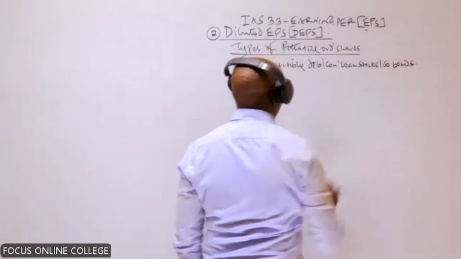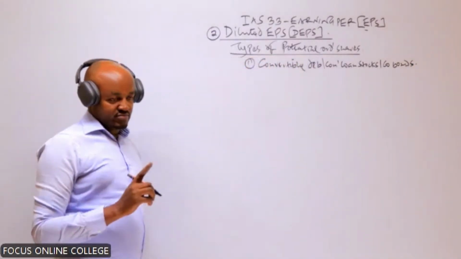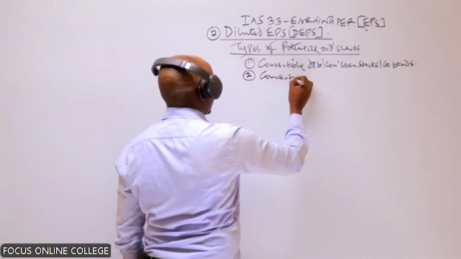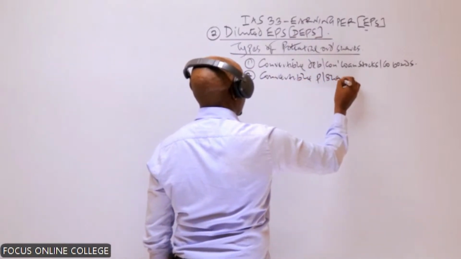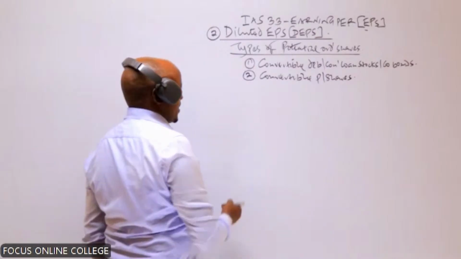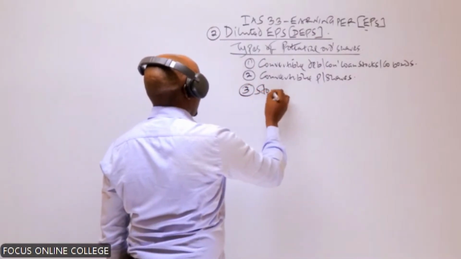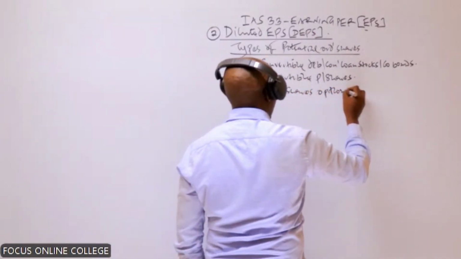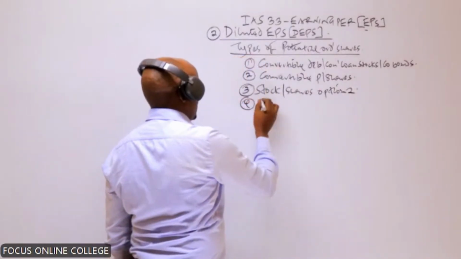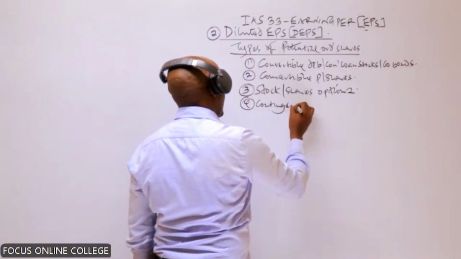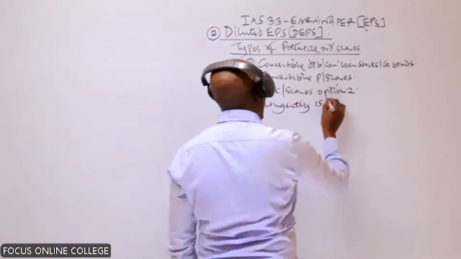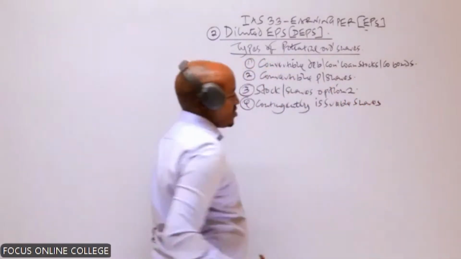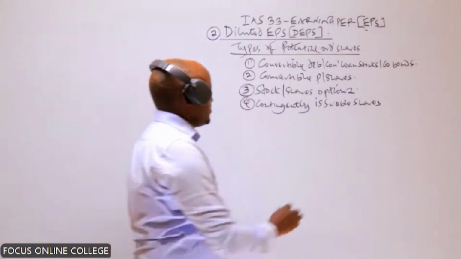So all these are treated in the same way in the computation of diluted earnings per share. Number two, we also have the convertible preference shares. Number three, we have the stock or share options. And number four, we have the contingently issuable shares. Contingently issuable shares. I'll explain what we mean by all that.